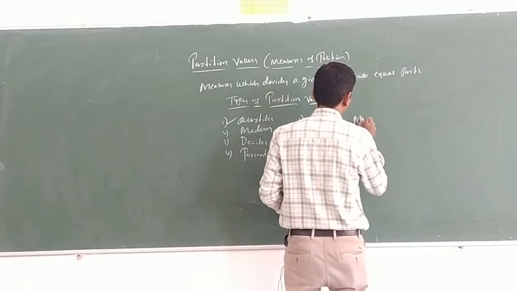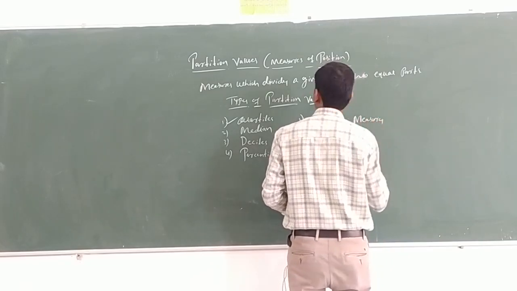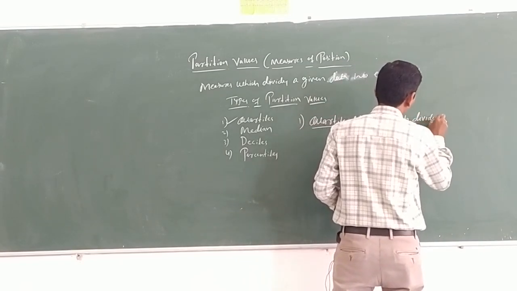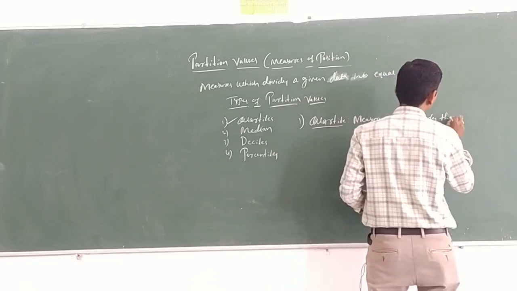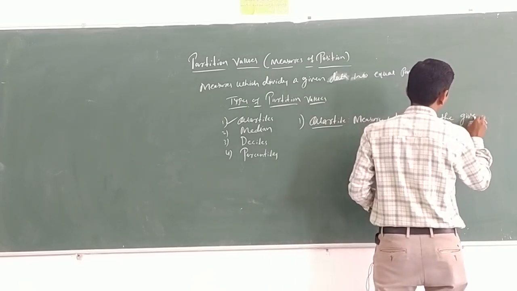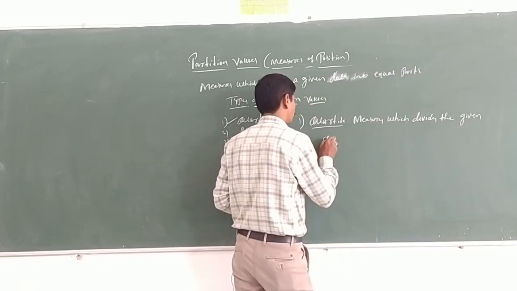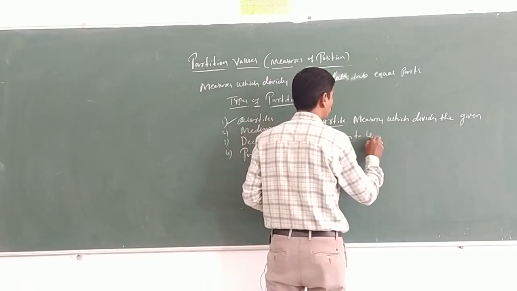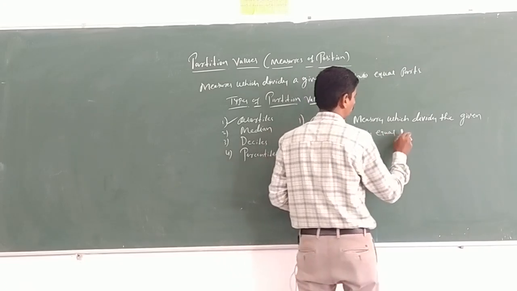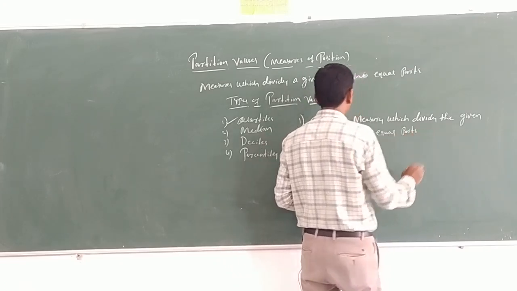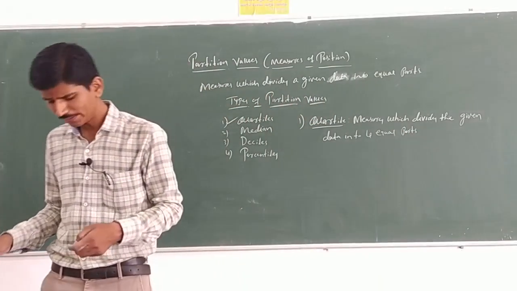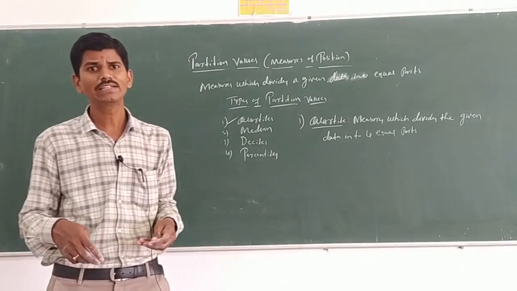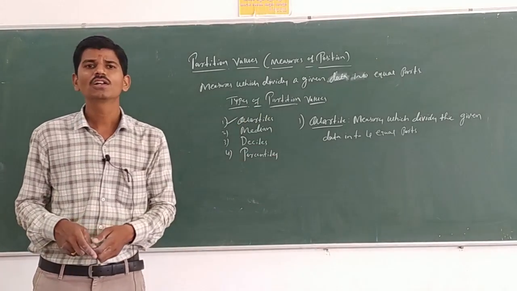If measures divide the given data into 4 equal parts, then they are said to be quartiles.